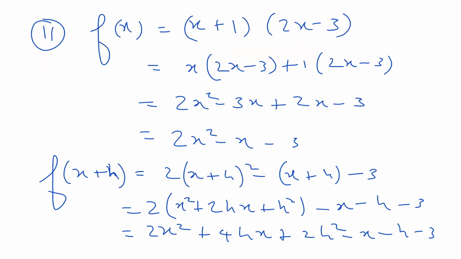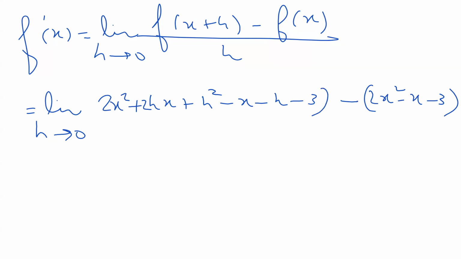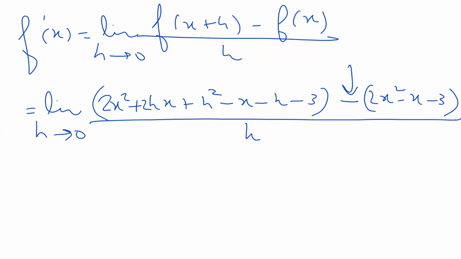So 2x square plus 2hx plus 2h square minus x minus h minus 3, minus f of x. F of x is 2x square minus x minus 3. I'm just putting bracket because there is minus sign in between. Okay. Upon h. So see 2x square and 2x square will go. Minus x and plus x will go. Minus 3 and plus 3 will go. So we are left with 2hx plus h square minus h.